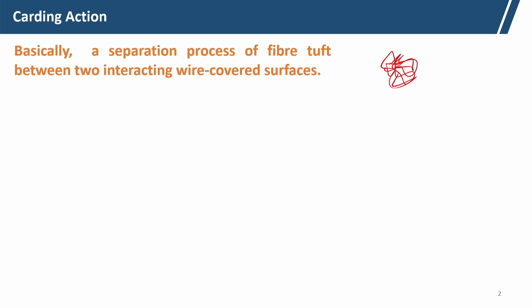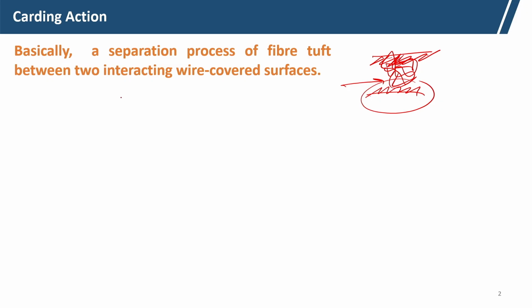a single surface is not enough. If there is a single surface, there has to be something which will hold the other side, otherwise the tuft will simply move with this surface. So, there should be another surface which will prevent this. There should be some resistance, then only the tufts will be opened.